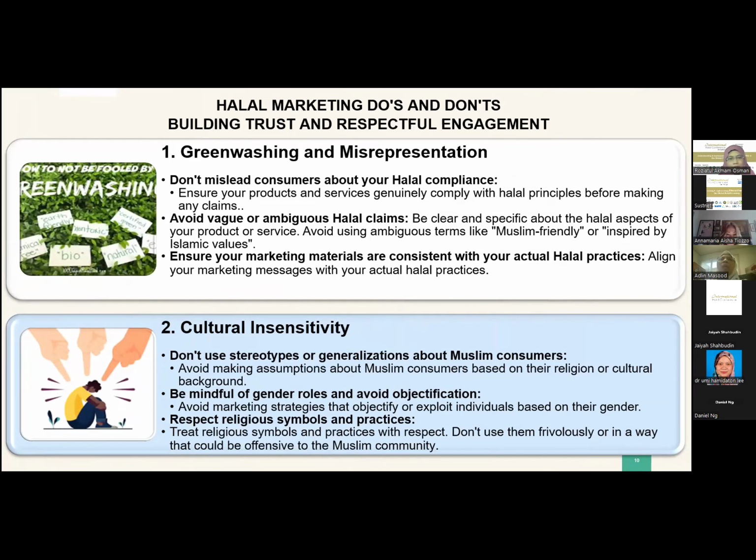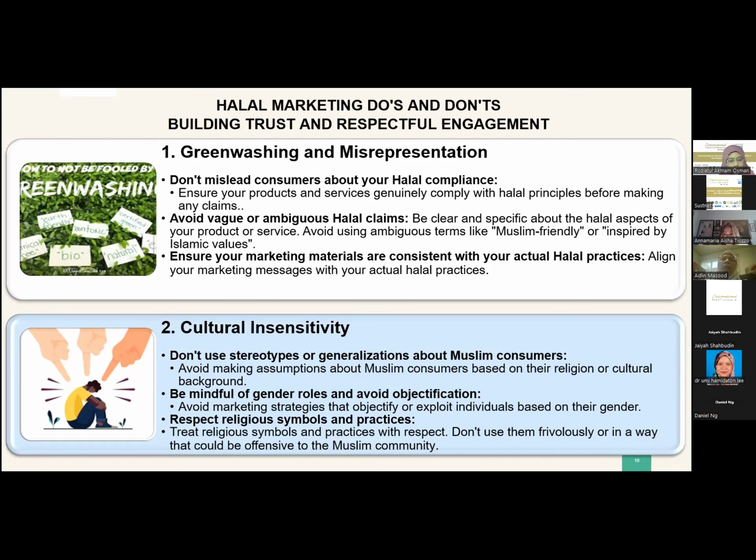In terms of addressing cultural insensitivity, do not use stereotypes or generalization about Muslim consumers. Be mindful of gender roles and avoid objectification. And I'm not saying that we have got to be sensitive of the LGBTQ. No, it's just that we must be mindful of gender roles.